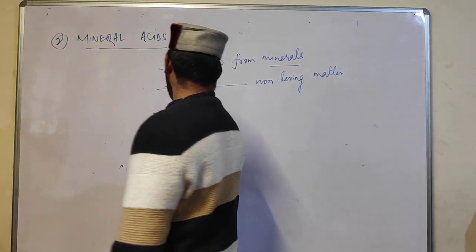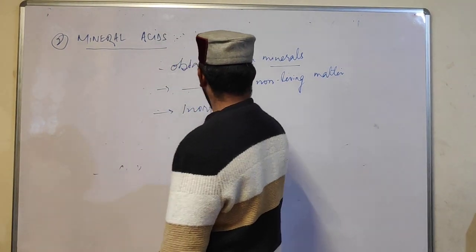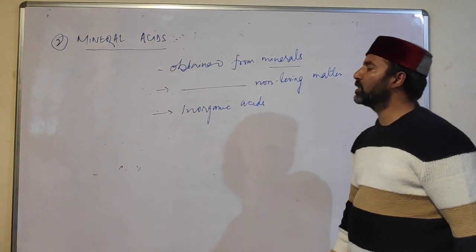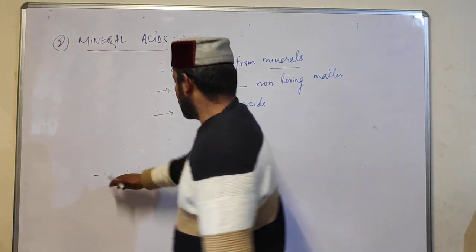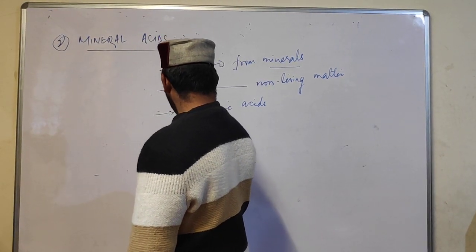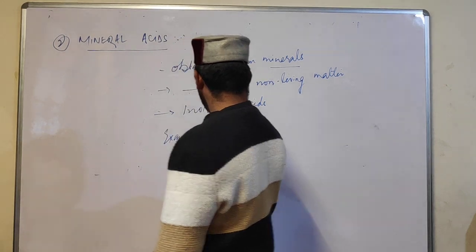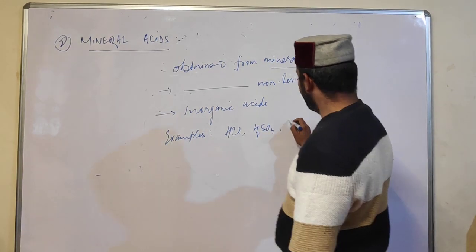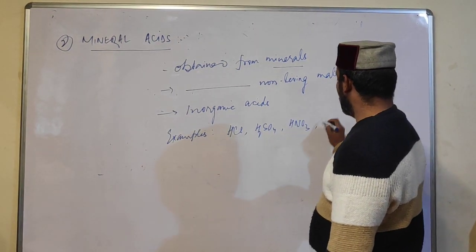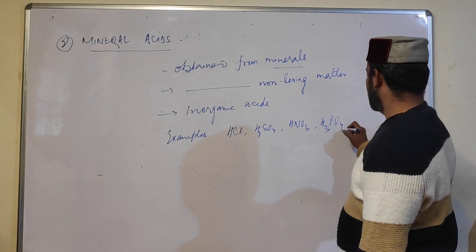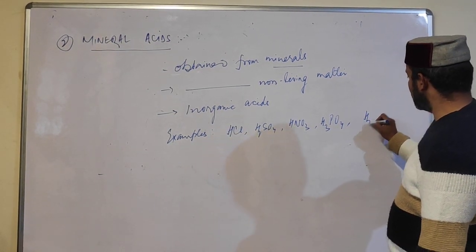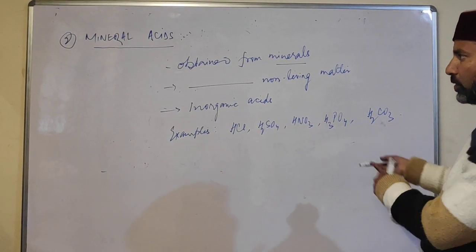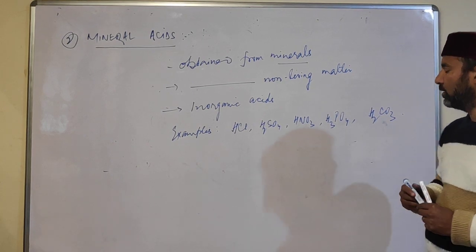And that is why they are called inorganic acids, or simply they are called mineral acids. Now students, in inorganic acids, examples we have HCl, sulfuric acid, nitric acid, phosphoric acid, okay? And we have even carbonic acid. I've told you it is also a mineral acid, as the source from which they are derived is not organic.